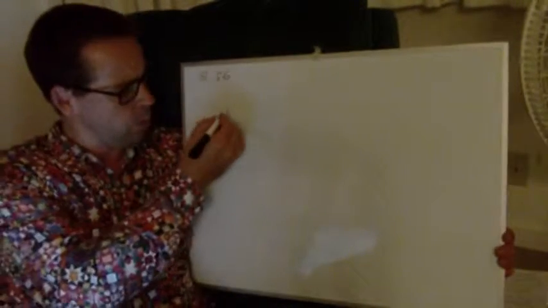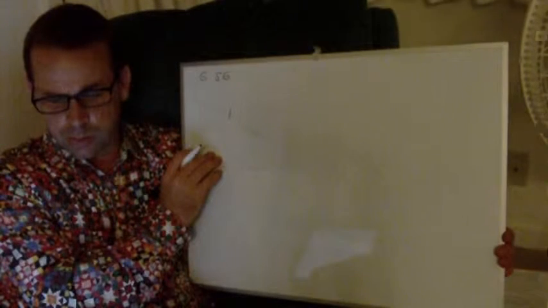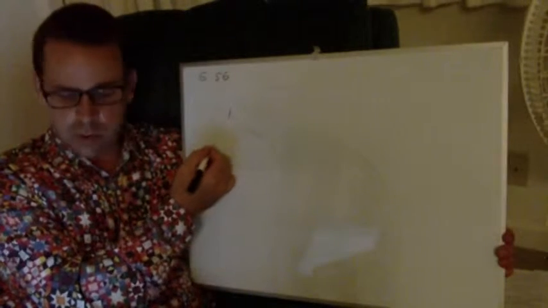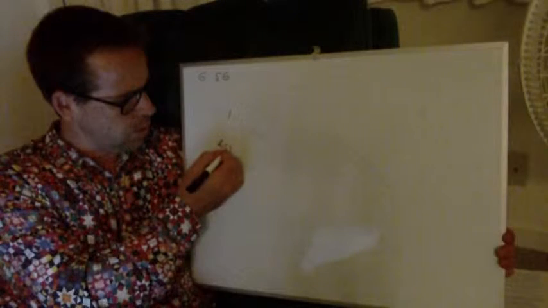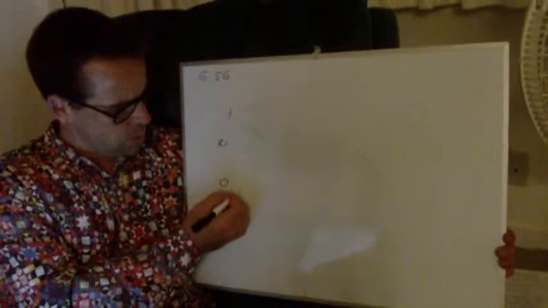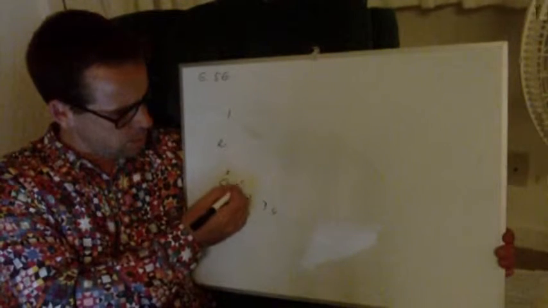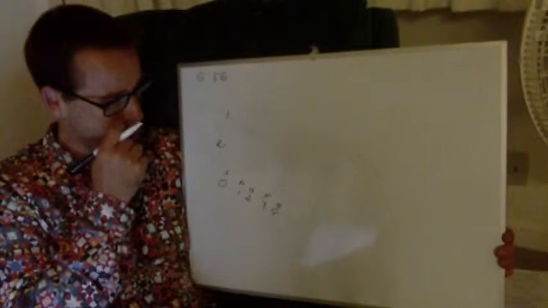So, for example, if n equals 1, L equals 0, and m sub L equals 0, then that n equals 1 is the first row, and L can equal 0, 1, 2, 3, 4, right? And this is S, P, D, F, G, alright?